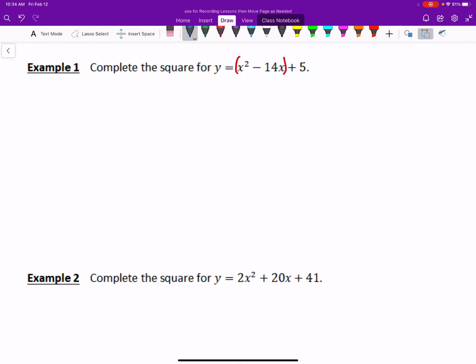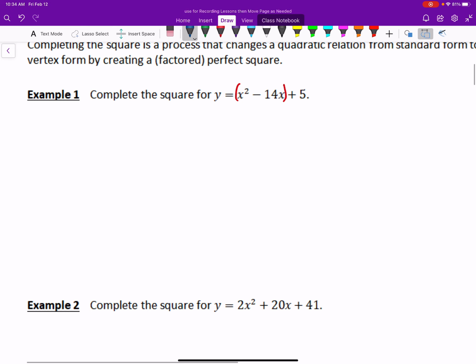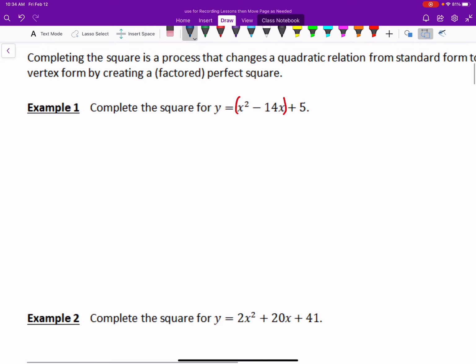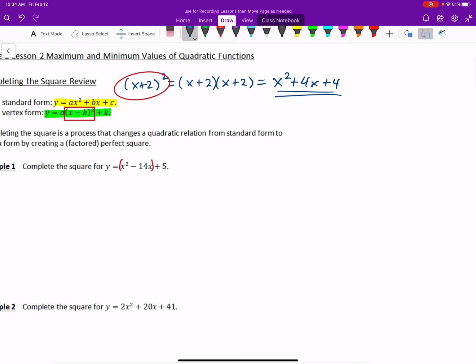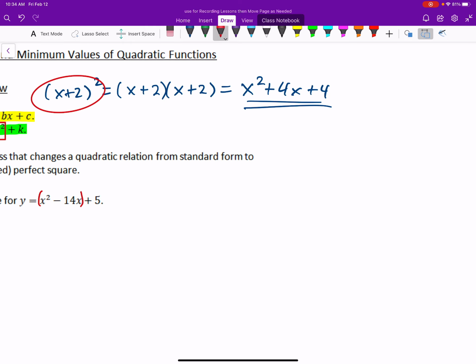So I'm going to take this x squared minus 14x, and I'm going to try to create a perfect square out of that. So a perfect square consists of obviously two factors that are the same. And when that happens, that means that my last number in my trinomial, if I was to expand it out, will always be a perfect square because it'll be 2 times 2 or 4 times 4, which would be 16, or 3 times 3 is 9.